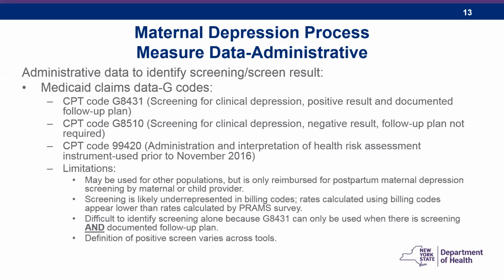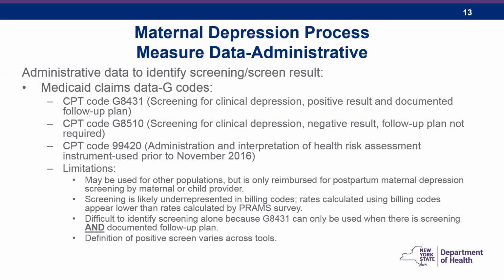It's only reimbursed currently for postpartum maternal depression, and that's payable in Medicaid to either a maternal or a child provider, so it captures those women who are screened in the pediatrician's office, for example, the mothers who are screened at a pediatric visit, where there might be more capture than trying to get women to have access to a postpartum visit. So you might be missing antenatal depression through use of these codes as well.